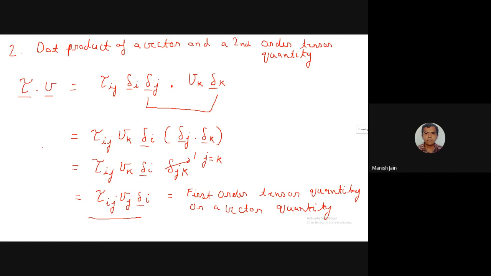Now the third operation which is possible is the cross product of a vector and a second order tensor quantity.